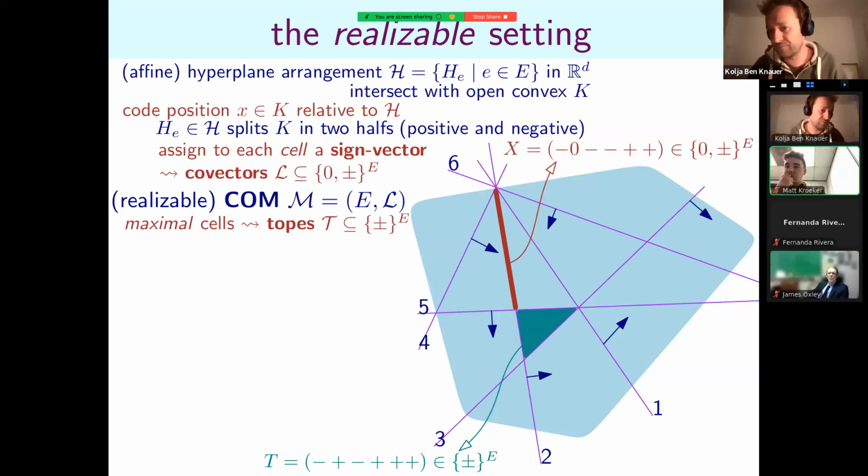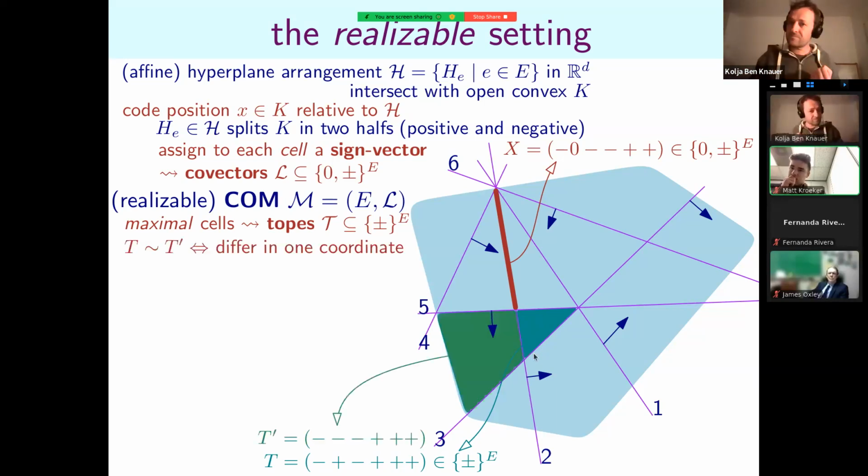There will be no zero. They're a subset of the hypercube of dimension E. So for instance, here, this one cell that I singled out is hopefully exactly this sign vector: minus, plus, minus, plus, plus, plus. Maybe I did it wrong, I don't know.